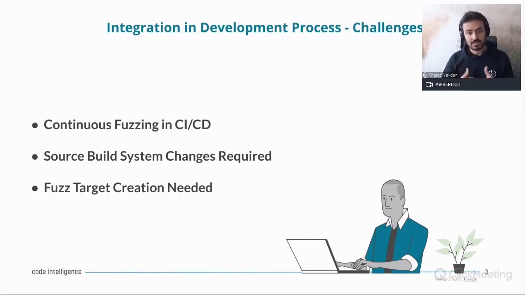And the last step is you have to create the fuzz test. So you have to create a test harness that would take the input from the fuzzer. It would act as a bridge between the fuzzer and your software. And with open source fuzzers and fuzzing engines, you have to address these challenges by yourself manually.